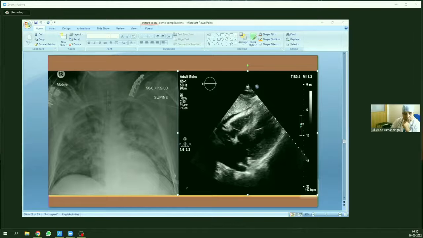If there is no improvement, we might have to go for a cardiac intervention, that is LV septostomy or direct LV drainage, or you can go for an implant. Most of the time, we have found that with conservative treatment the patient improves, but if the patient is not improving, then we might have to go for intervention to decrease the LV distension.